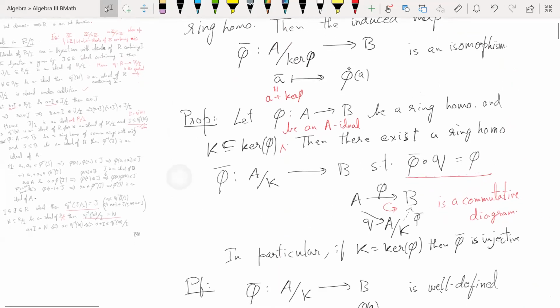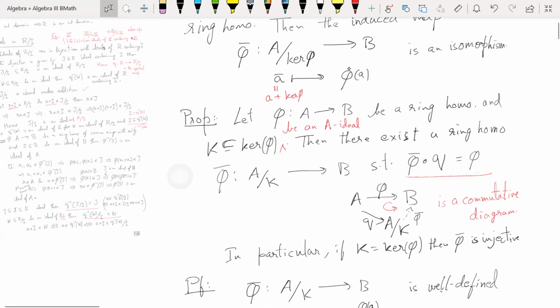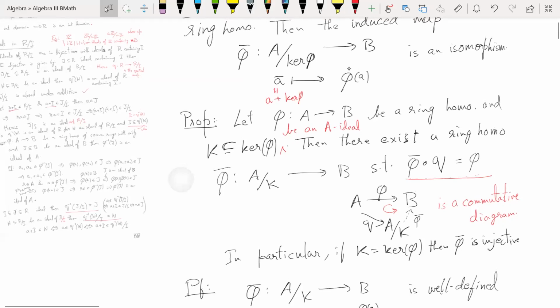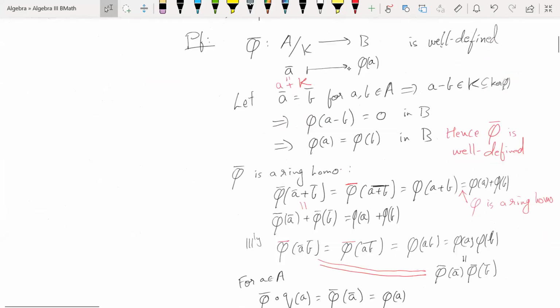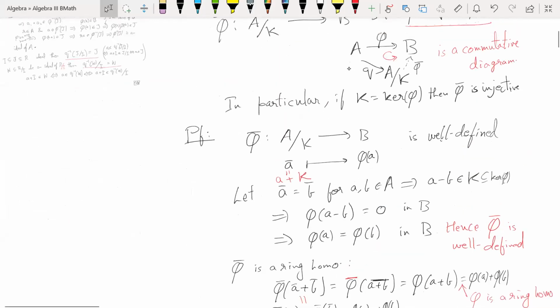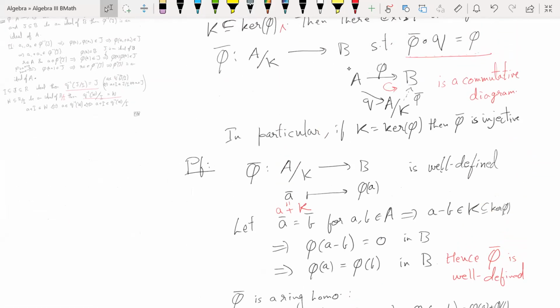So next we want to show that phi bar composed with Q is equal to phi, and then we will show this in particular statement. Yeah. So now you take an element A in A, and so phi bar composed Q and phi both are maps from A to B. Yeah.